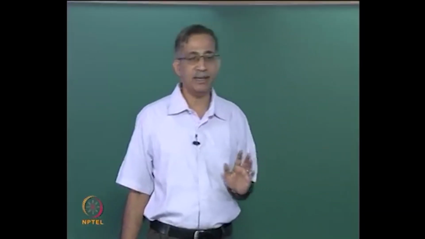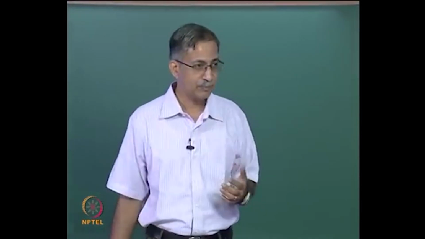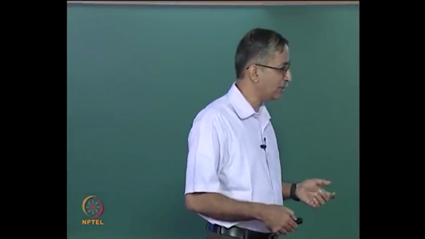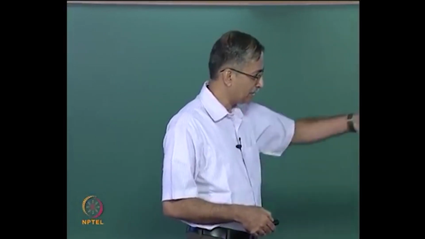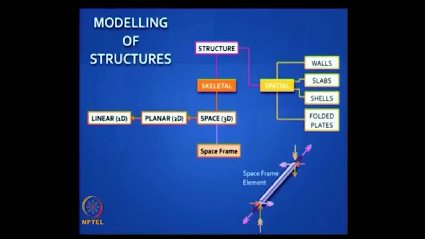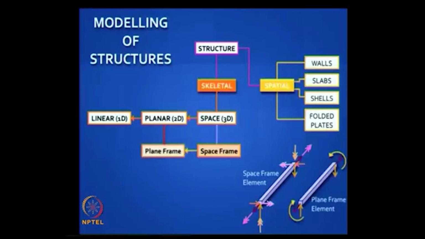Also you can think of forces. So for example you have an axial force, a twisting moment, you see the double arrow along the longitudinal axis, you have shear forces in 2 planes and bending moments in 2 planes.